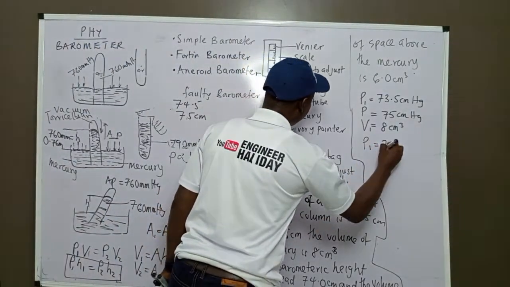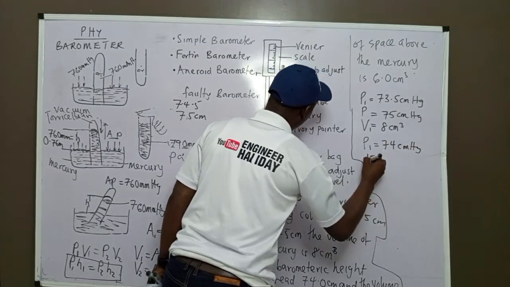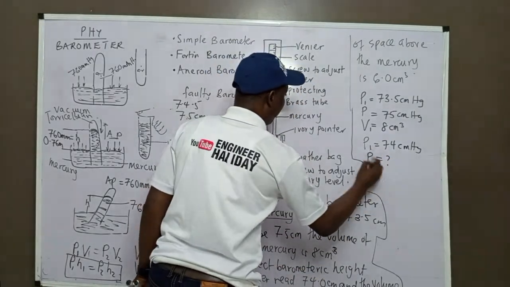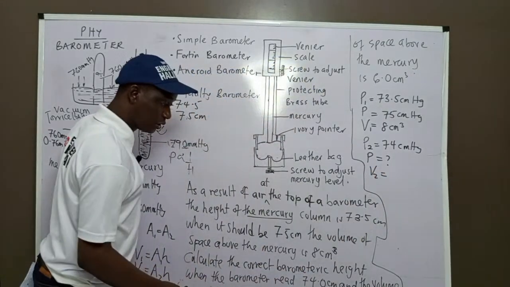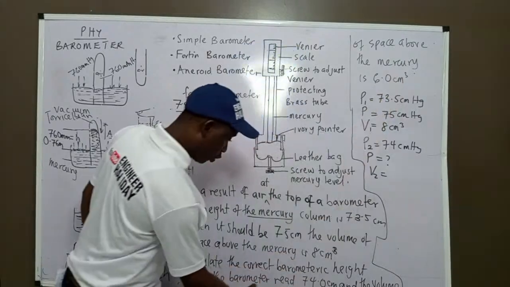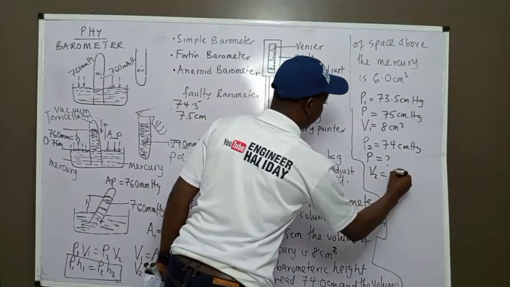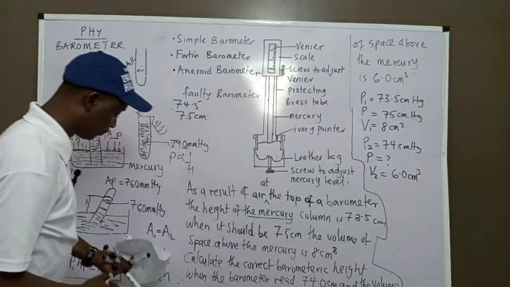The correct one is P, which is unknown. This is P2. What about the volume 2? The volume 2 is equal to 6 centimeter cube, because they told us the volume of the space above the mercury is 6.0 centimeter cube. So we'll play with it.